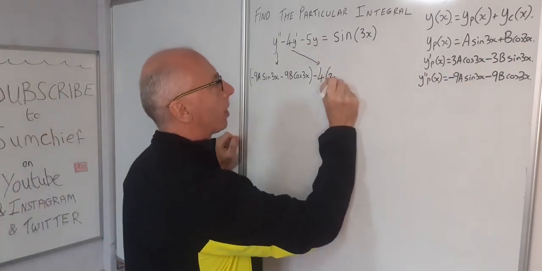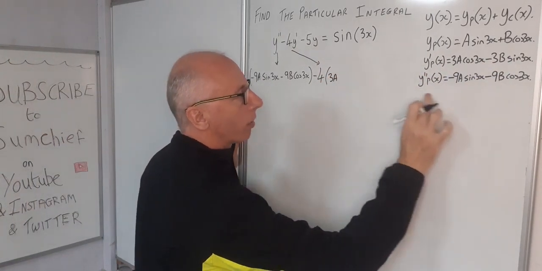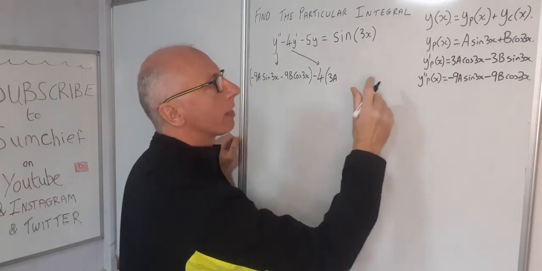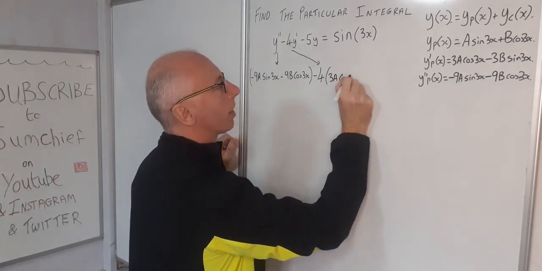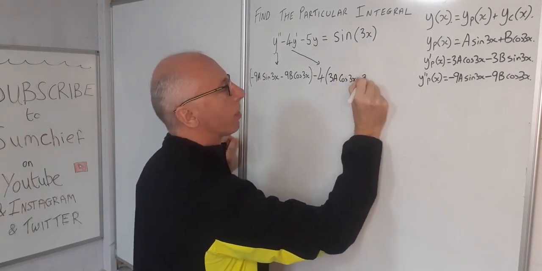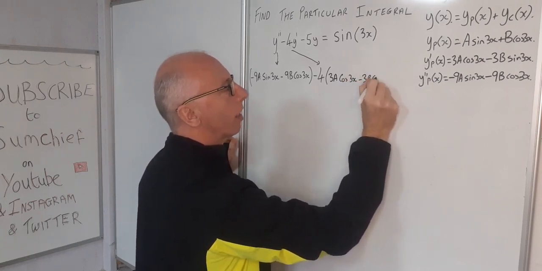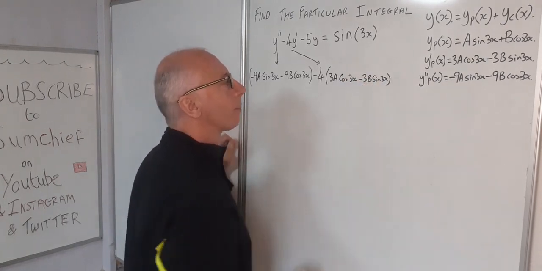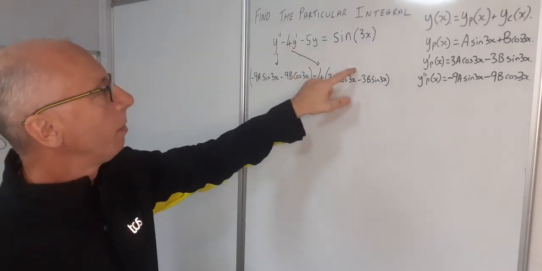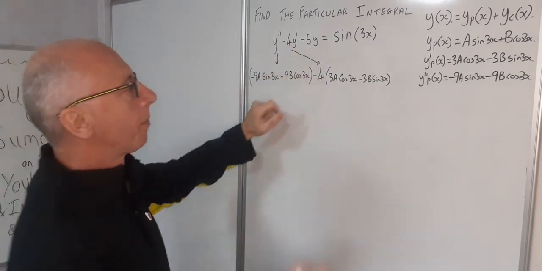So that's 3a cosine 3x minus 3b sine 3x. I'm just going to go along here because we need a bit more space. So that takes care of that term. And now we want this one.